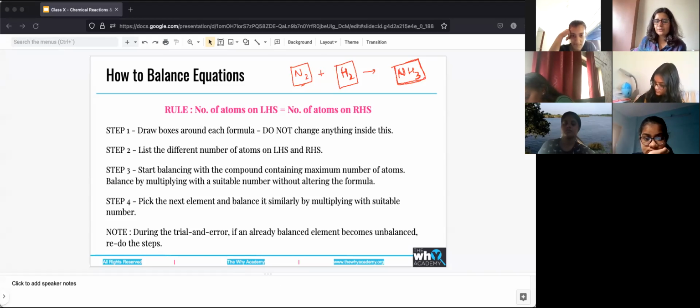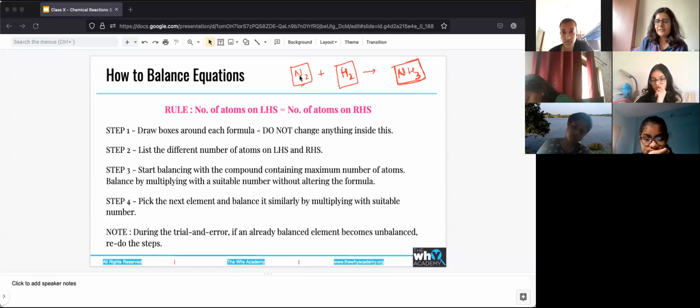Again, these steps are only until you get comfortable enough and have enough practice to do it mentally. Until then, I would suggest you just maintain this on the side. It'll help you. You don't have to keep all the numbers in your mind. Step 2, list the different atoms on LHS and RHS.